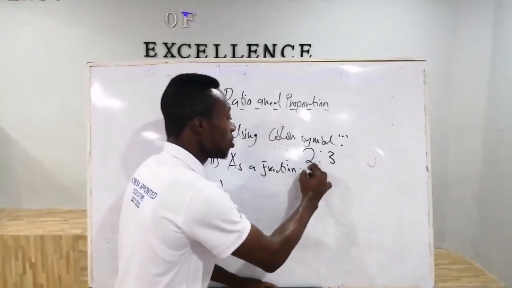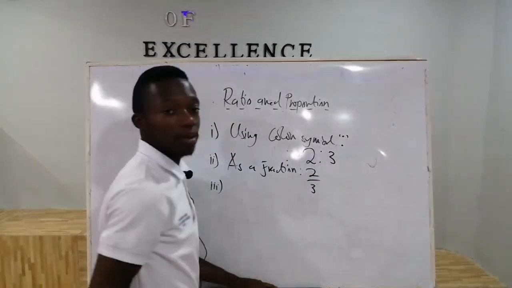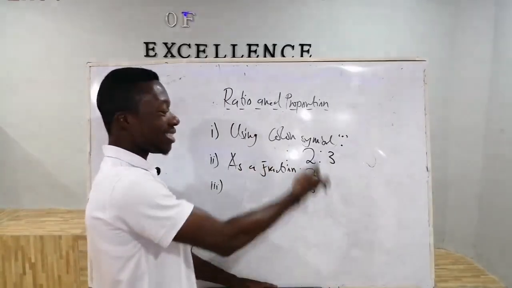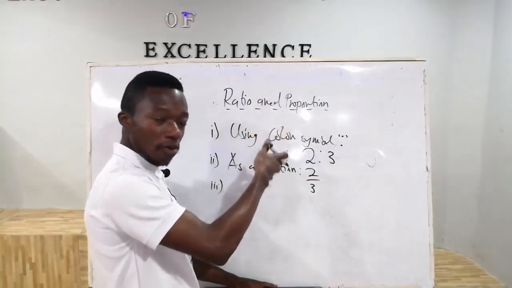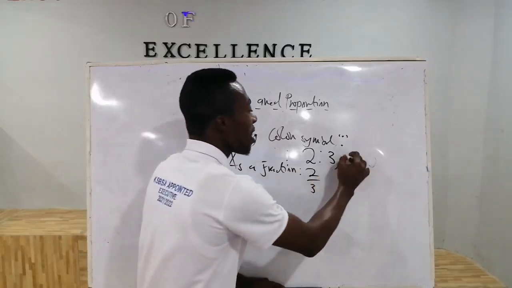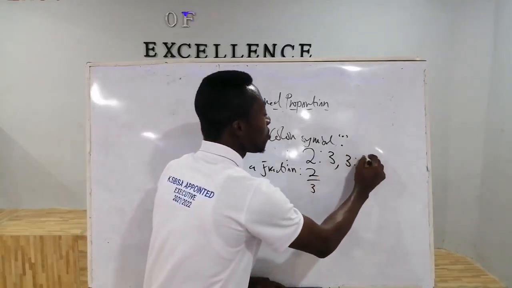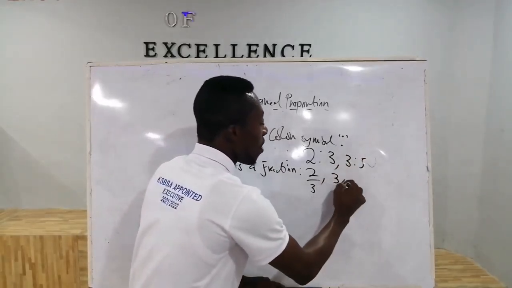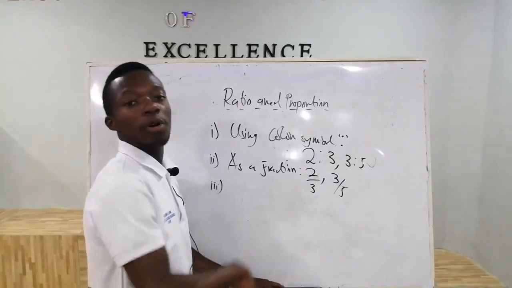So it becomes 2 over 3. So another way to write a ratio or compare two items is to present them in the form of a fraction. Another example, if I have 3 is to 5, I can also write it as a fraction: 3 over 5.